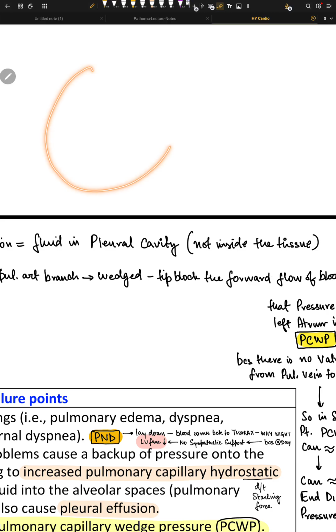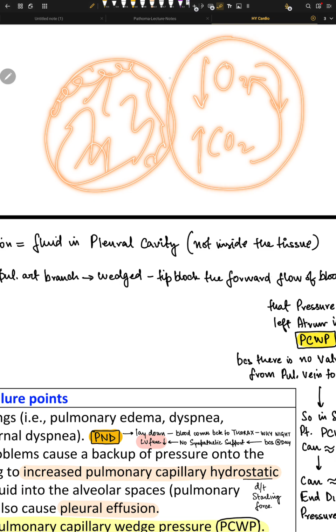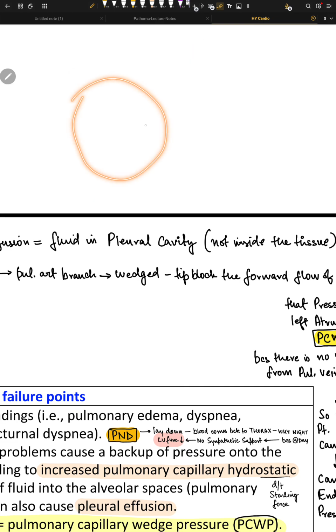If the interstitium is compromised, you will be suffocating because your lungs are not working anymore. You have less transfer of oxygen into the blood, and less transfer of CO2 from the blood into the lungs. This whole thing will be messed up because we have edema inside the lungs.